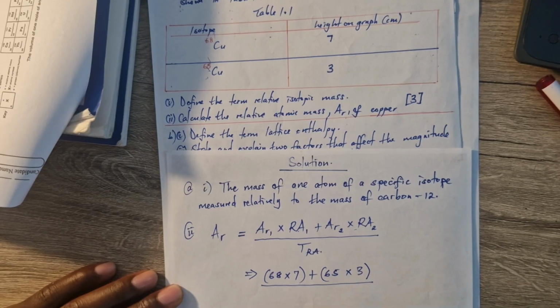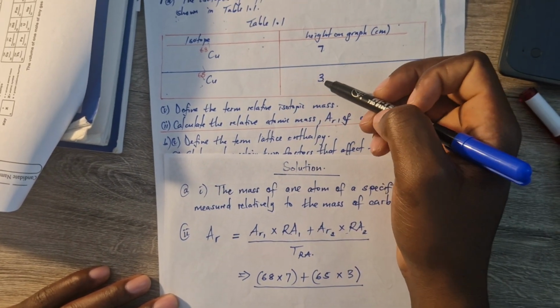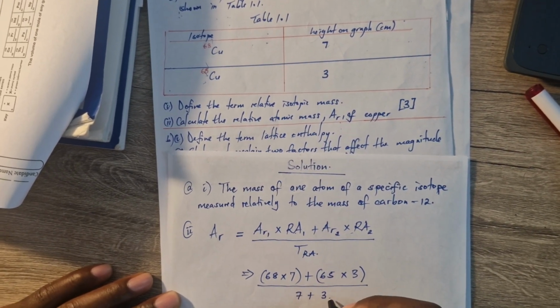So all over the total relative abundance. If I add 7 and 3, I get 10.